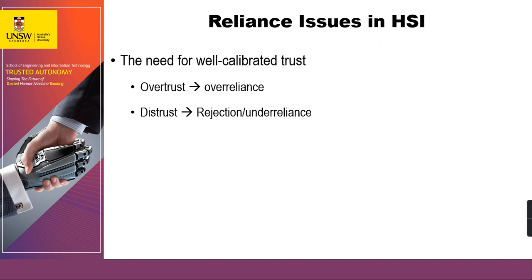In contrast, distrust leads to rejecting the machine's aid even when the machine is reliable. Obviously, both situations of distrust and overtrust should be avoided as they cause decreased efficiency and might even result in serious consequences.